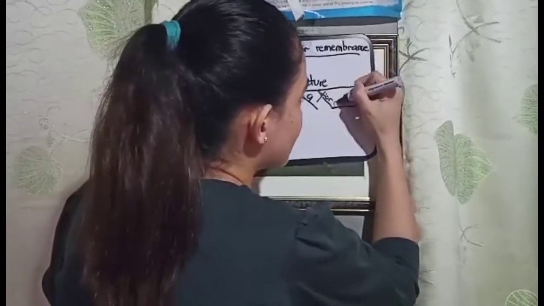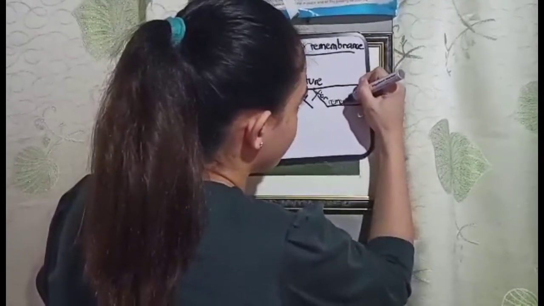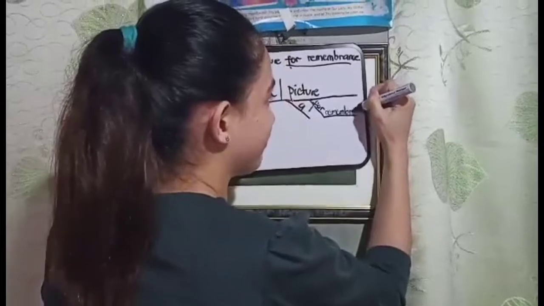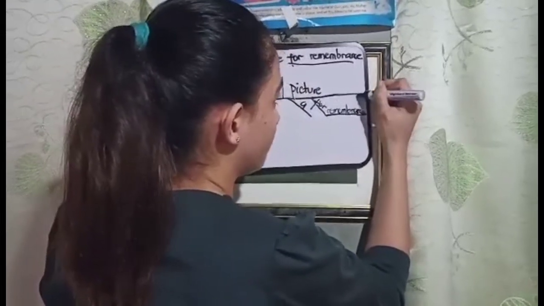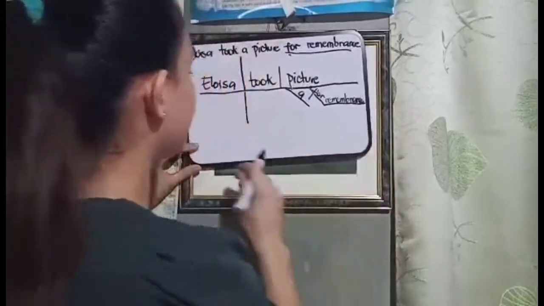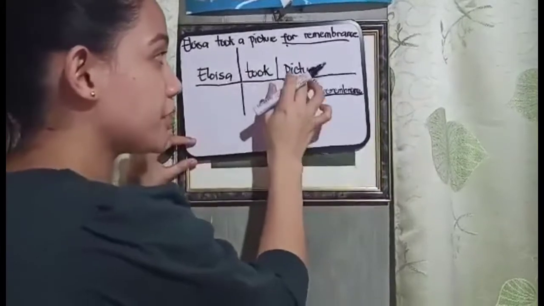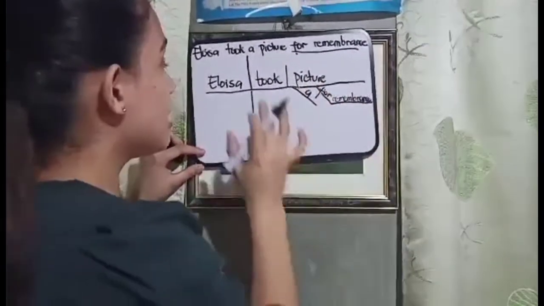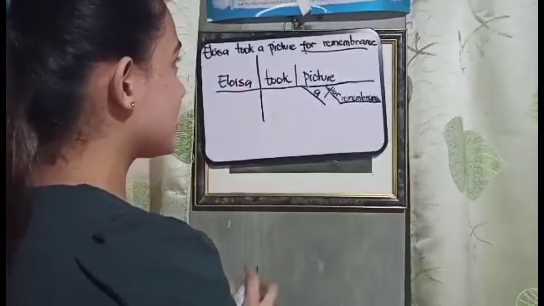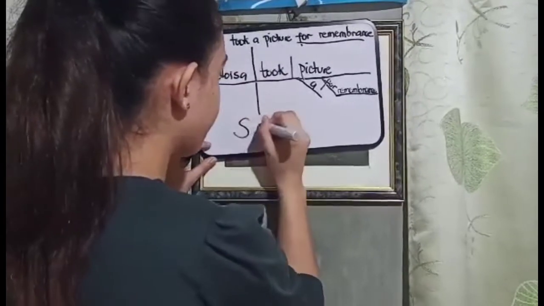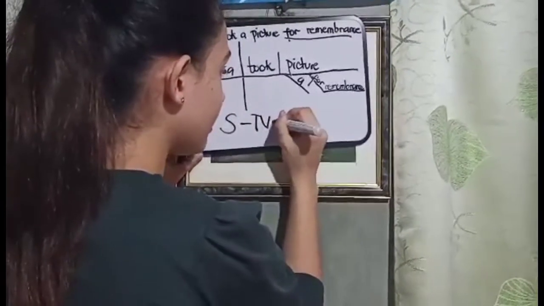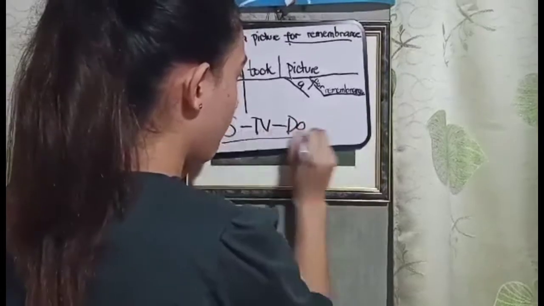For remembrance. Eloisa took a picture for remembrance. So the pattern of this sentence is the S, TV, DO pattern.